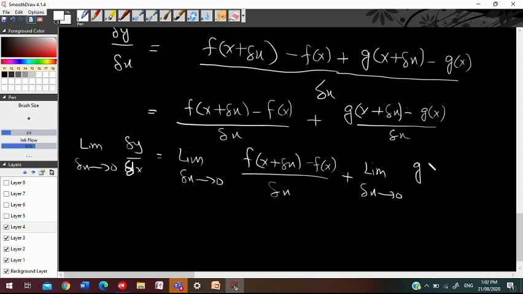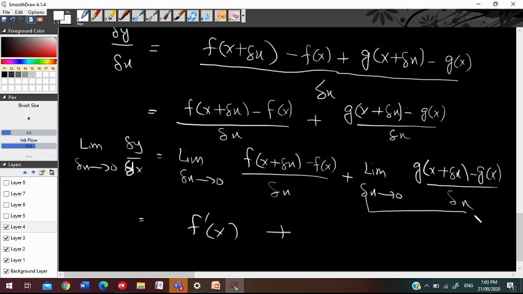So g of x plus del x minus g of x divided by del x, and according to our definition this whole term becomes g prime of x, and this whole term is equal to f prime of x. So we have proved this theorem also, and by using the same method, you can prove the difference rule.